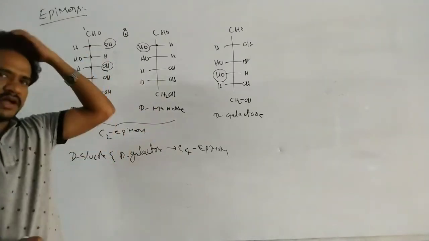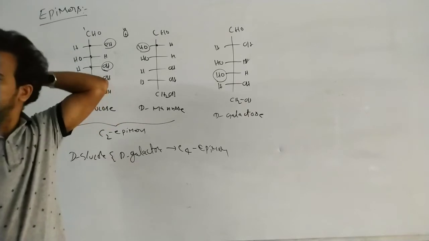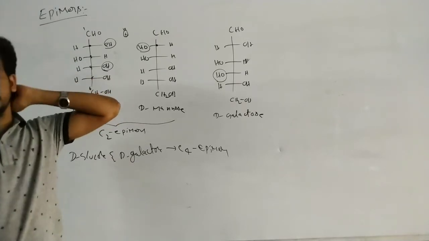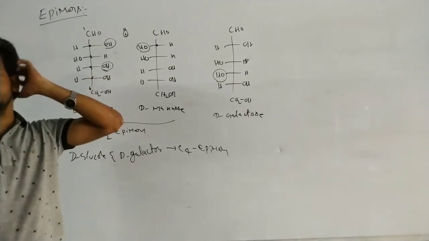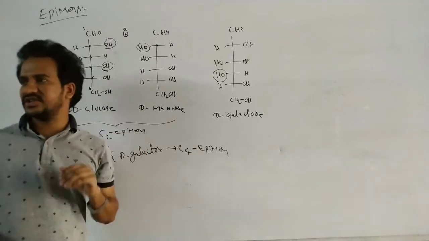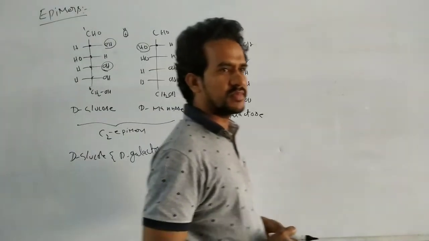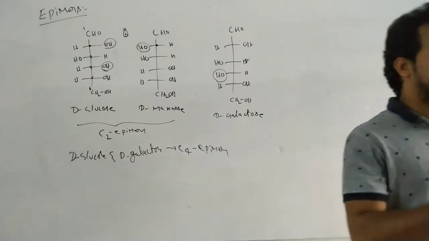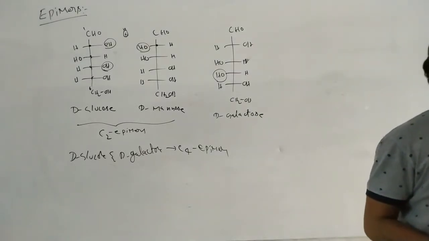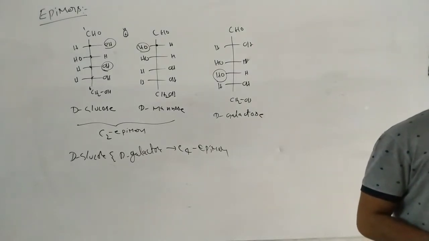Now here, what about the D-mannose and galactose? Those are the diastereomers, but not epimers. Epimers are the diastereomers. That means all epimers are the diastereomers, but all diastereomers are not epimers.